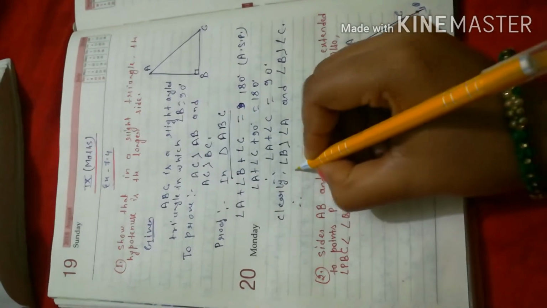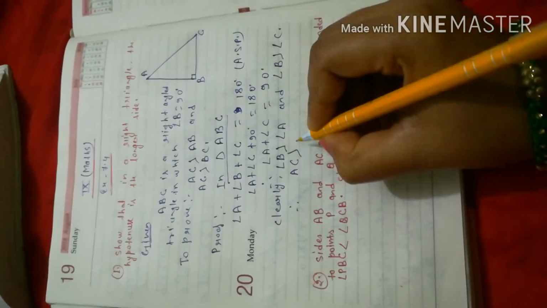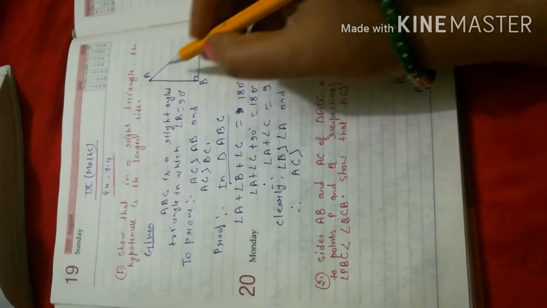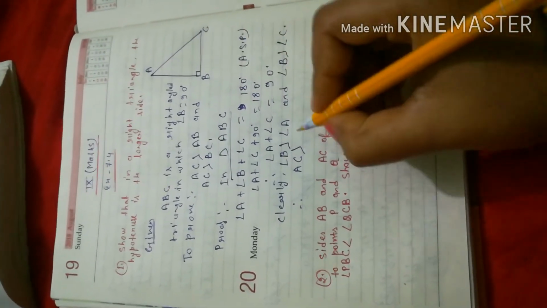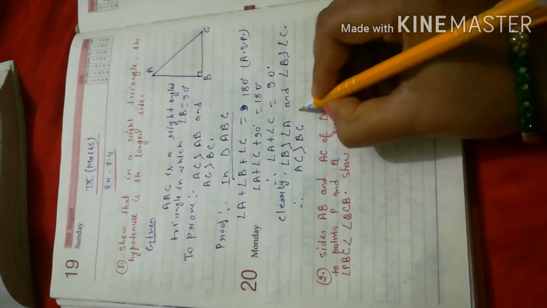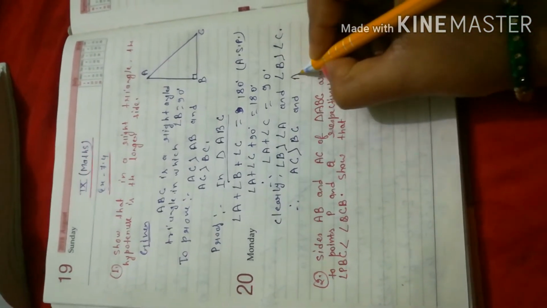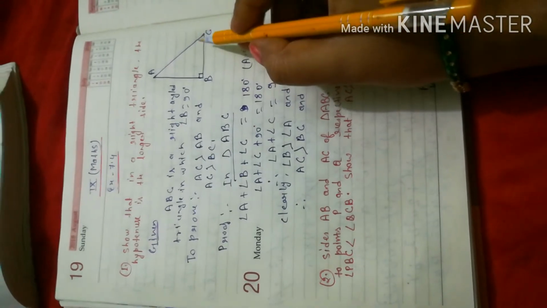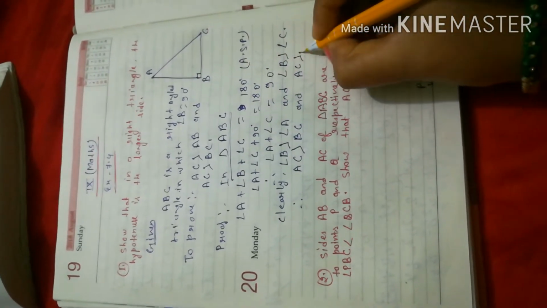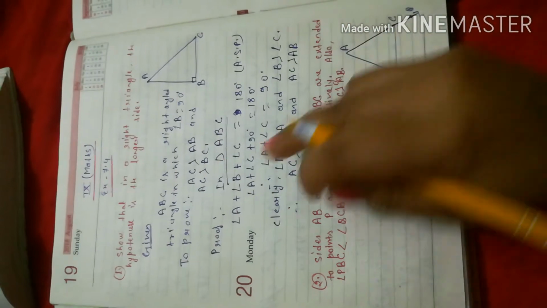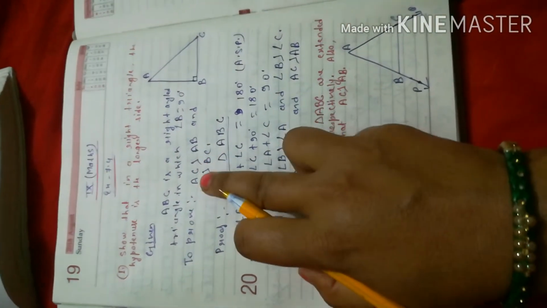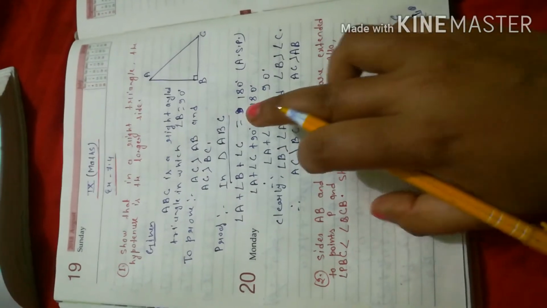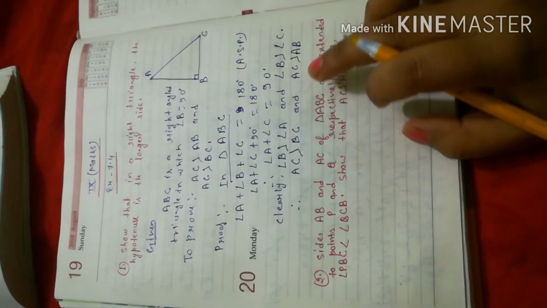Therefore AC is greater than BC, the opposite side of angle A, and AC is greater than the side opposite to angle C, which is AB. To prove this we have written this only: AC should be greater than AB and AC should be greater than BC.